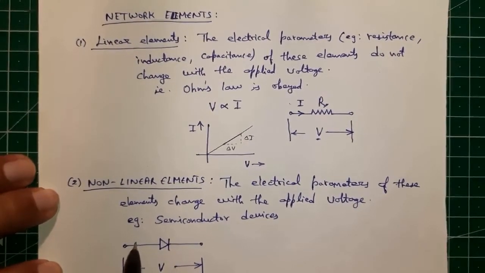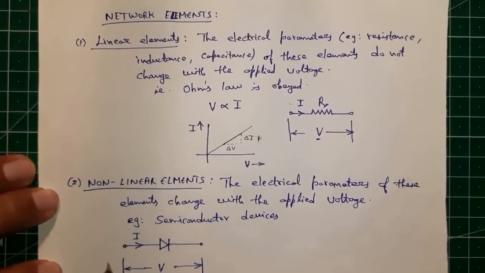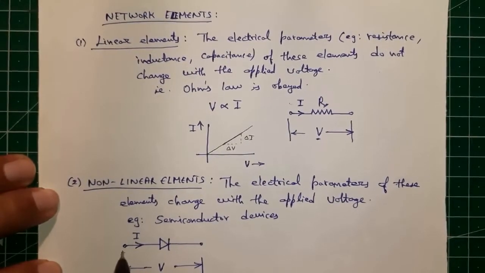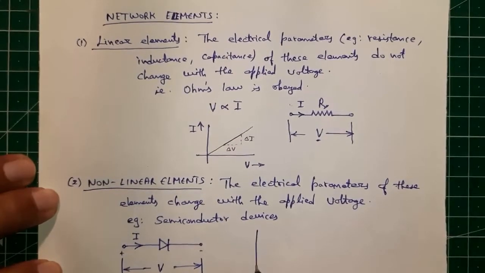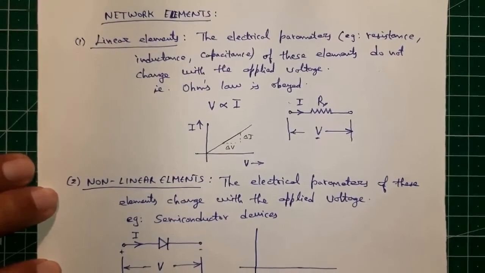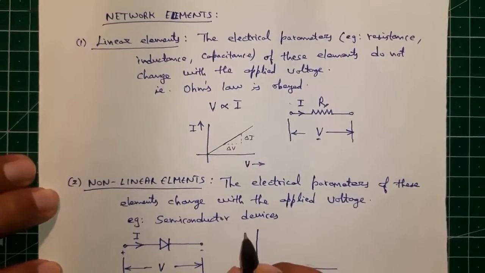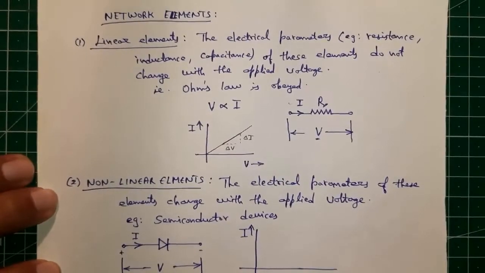Forward bias means the current should flow in this direction, higher polarity on this side. We are interested right now only in the forward bias condition. We have already studied in an earlier course what the shape of this graph will be.